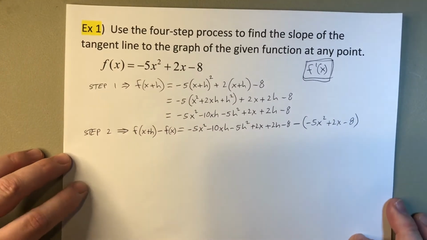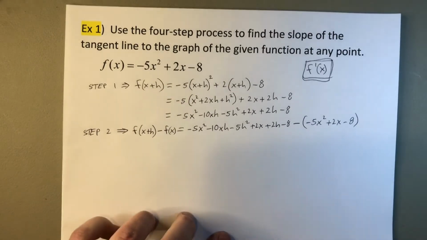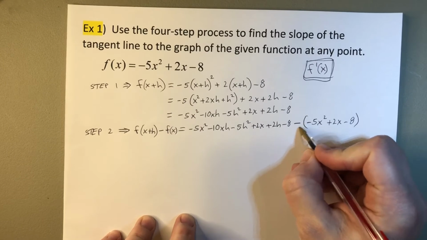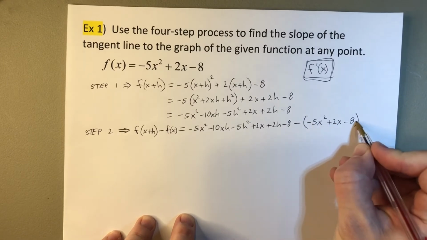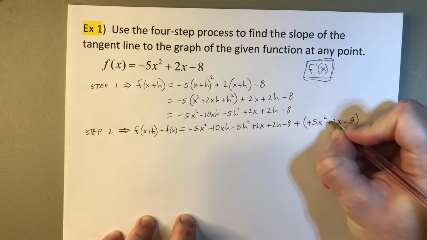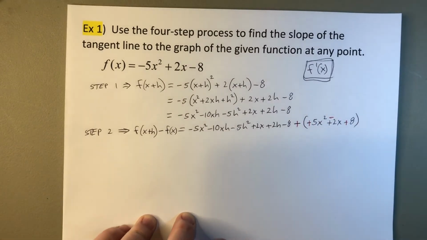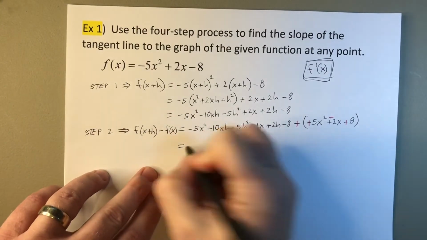Okay? So now what we need to do is simplify. So we're going to distribute this negative through this quantity, and that'll be adding the opposite. So add the opposite, opposite, opposite.